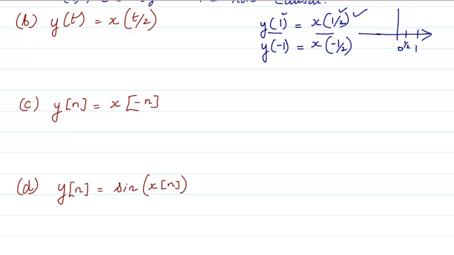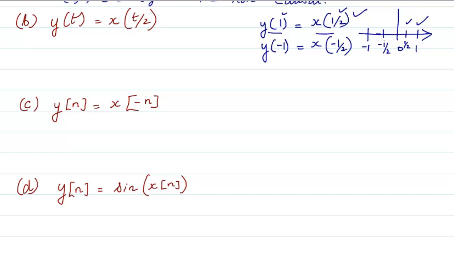So you can say that the present value basically depends on what happened previously. Whereas if you talk about the output at -1, it depends on what is going to come at -1/2, isn't it?